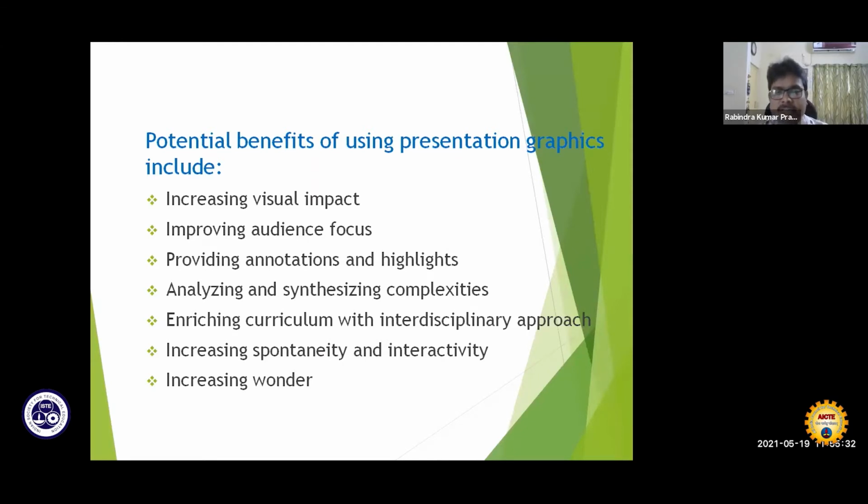So these are what we call the different aspects of making your classroom teachings more interesting and attractive in terms of learning.